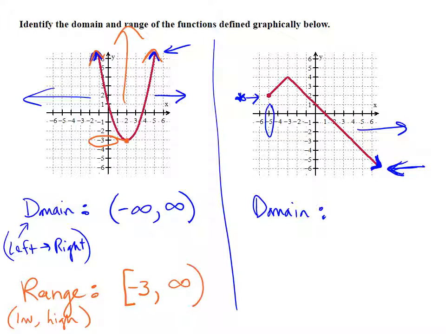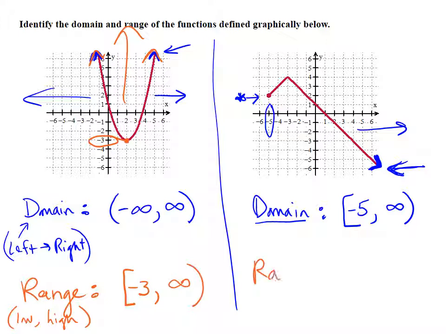So we are going to start at -5, and because it's a closed point, we include it, and then we go out to infinity. One thing that can be confusing is that people see the graph going down and want to make that negative infinity. But remember, we're thinking about the domain right now. The domain is left and right, and this is going right as well as down, and right would be positive infinity.